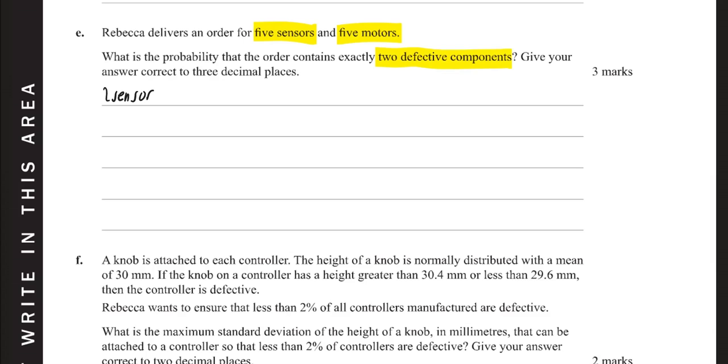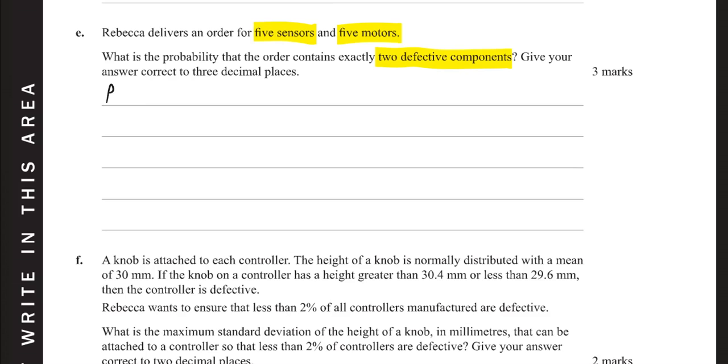I'll just write S for sensors and M for motors, just to save space. 2S, 0M. That gives us 2 defective components. Then we can do 1S and 1M. And finally 2M and 0S. I'll just erase that now, just to save space.